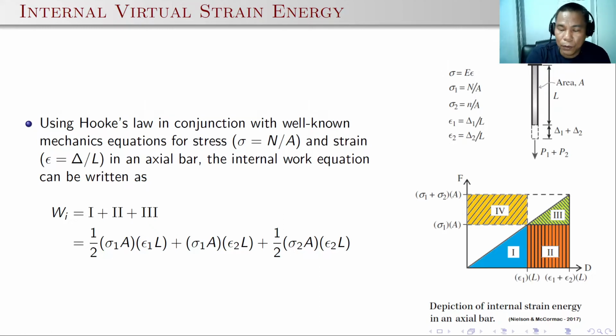Here, region 1 is the area of the blue triangle, that is 1/2 of sigma 1 times A times epsilon 1 times L, plus the area occupied by the orange region or region 2, the height is sigma 1 times A, base is equal to epsilon 2 times L, plus region 3, the green one, which is the area of the triangle, 1/2 of the height, which is sigma 2 times A, times the base, which is equal to epsilon 2 times L.